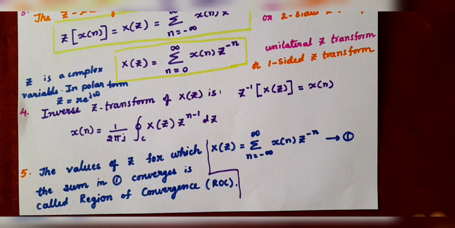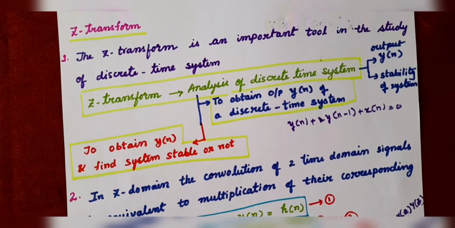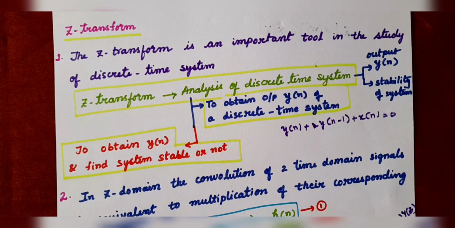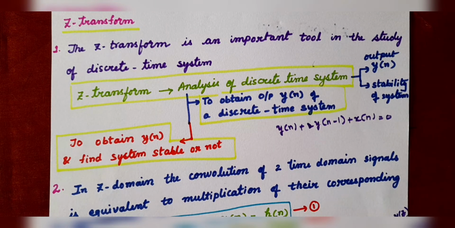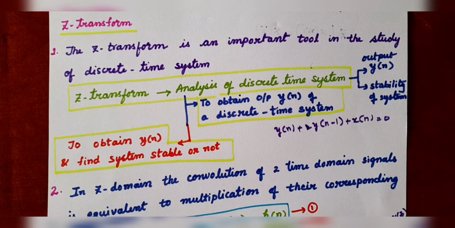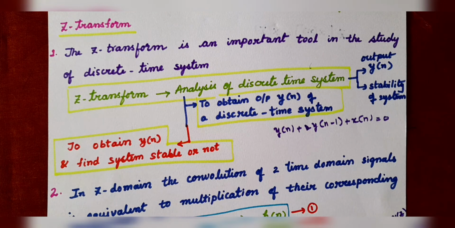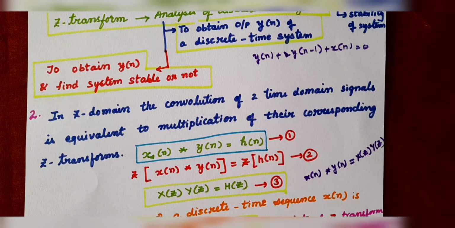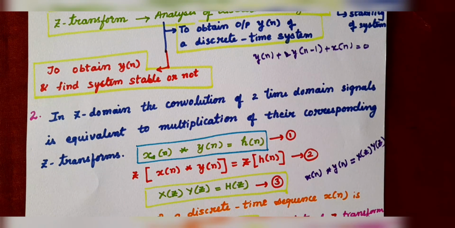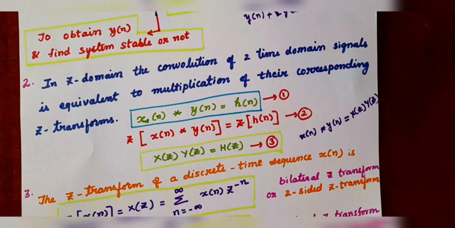So, in this we have understood 5 points. First is Z transform as an important mathematical tool for the analysis of a discrete time system. Analysis means obtaining the output of the system y of n and finding whether the system is stable or not. The important property of Z transform is the convolution property, which states that convolution of two time domain signals is equivalent to multiplication of their corresponding Z transforms.